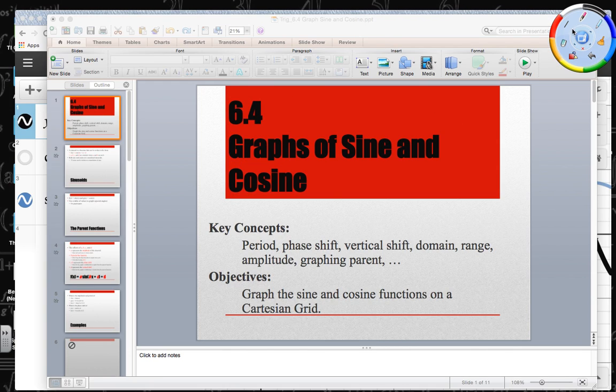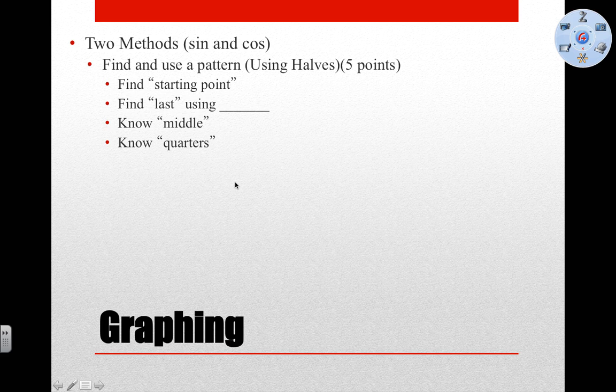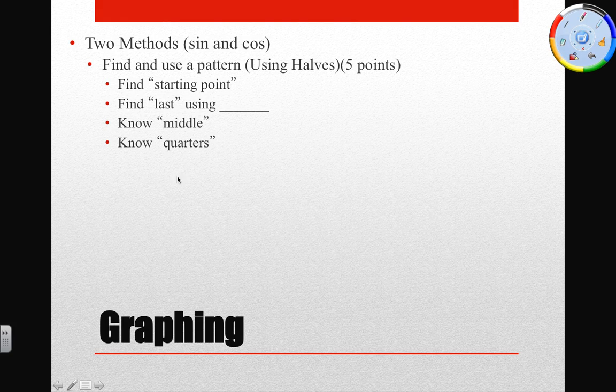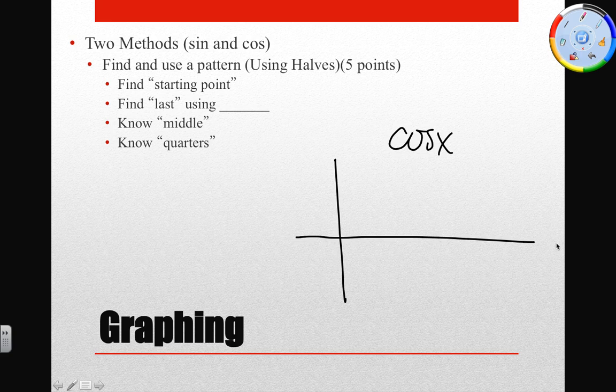And it goes likewise for cosine. If I was to graph cosine, or some version of cosine, I know, first of all, I break it into 5 or 4 dashes out here. I know cosine normally starts at the up position.